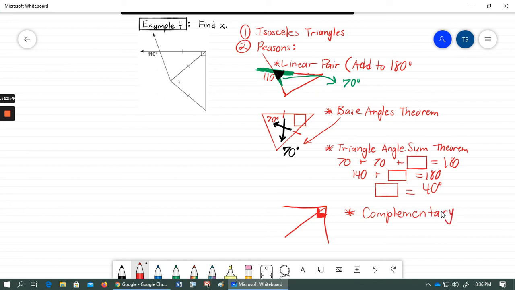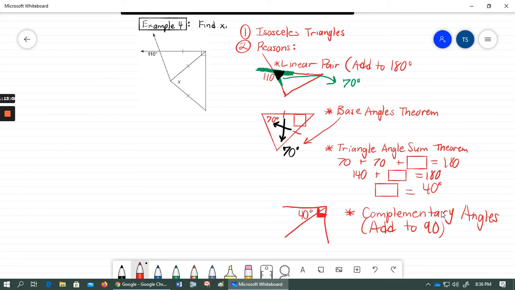Those two angles right there are supposed to add up to 90. We know that this angle we just found was 40 degrees.